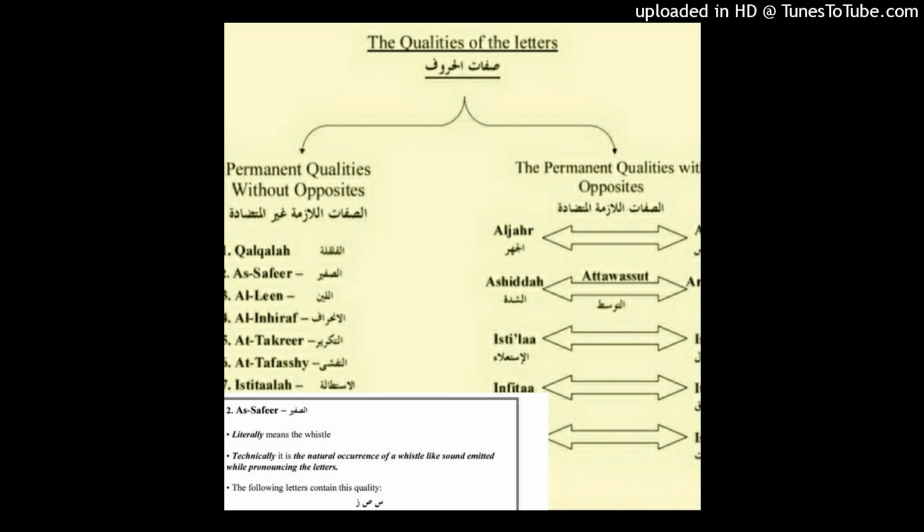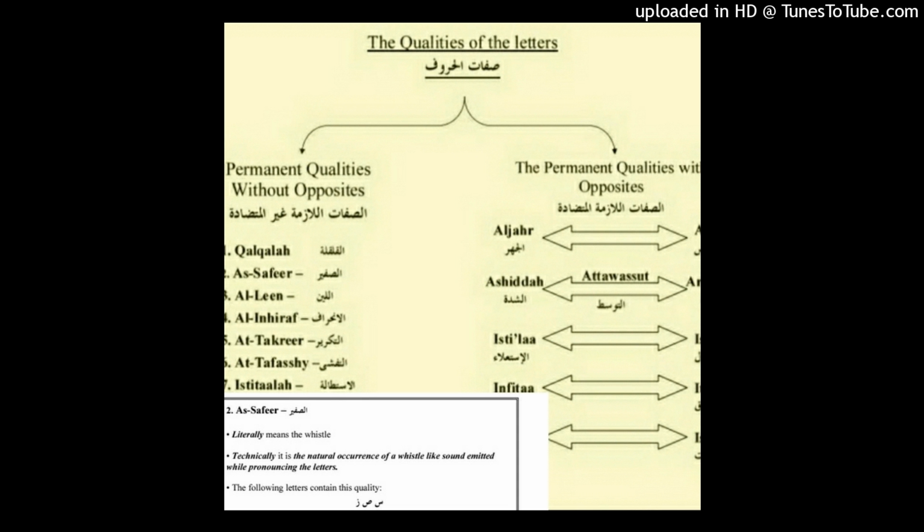The last degree is the lesser qalqala, in case we are not stopping on the letter. It may be in the middle of the word, maybe at the end. For example, قد كان. Here you see قد is not for sure the same as الحق or خلق.